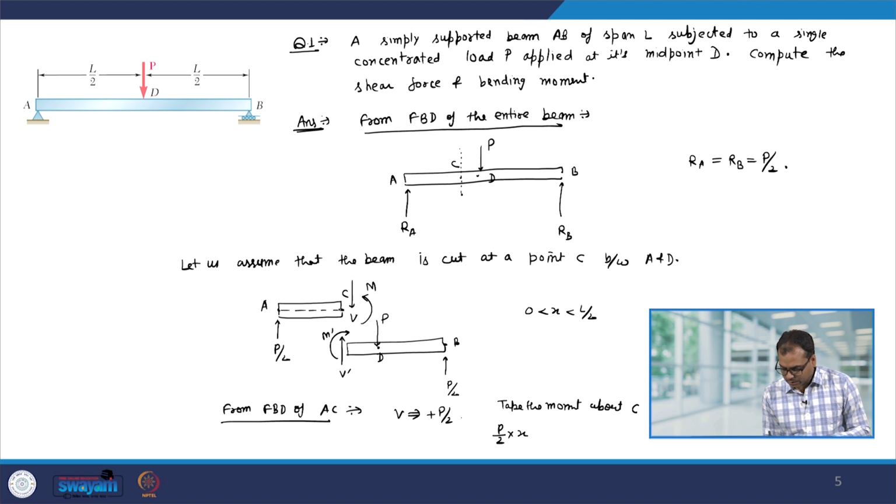So let me take this length as x. So P by 2 into x is equal to M. So therefore M is also plus Px by 2. So therefore both the shear and the bending moments are positive.